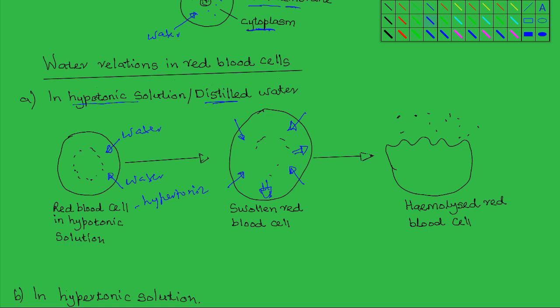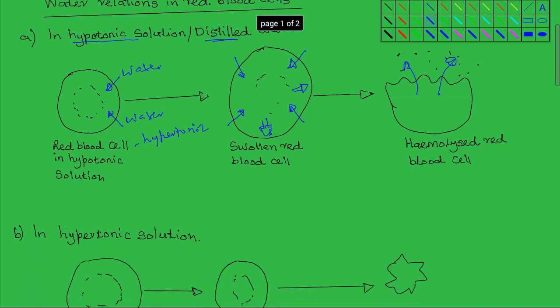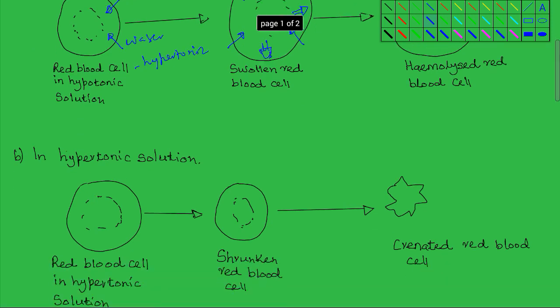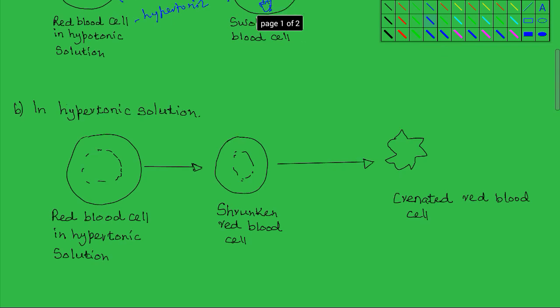Now, on the other hand, when the red blood cell is placed in a hypertonic solution, meaning a solution that has a lower water concentration relative to that within the red blood cell, the red blood cell will be hypotonic to the surrounding hypertonic solution. This would therefore lead to a net loss of water from the cell by osmosis.